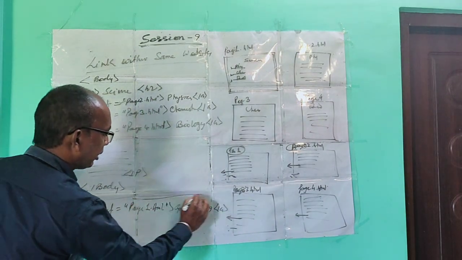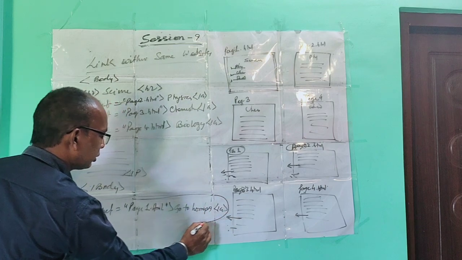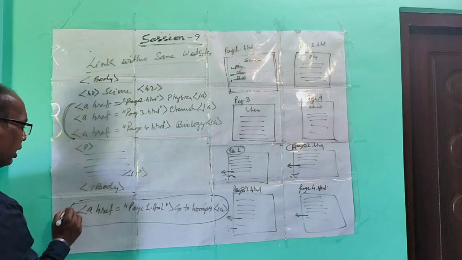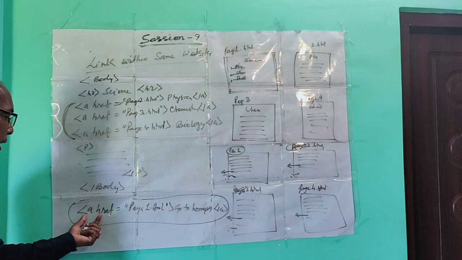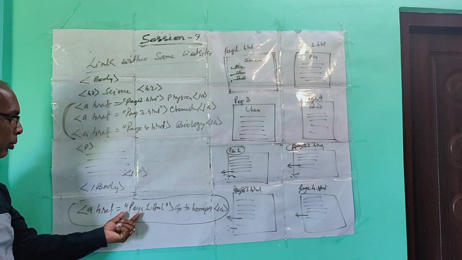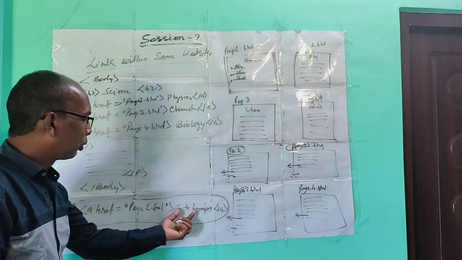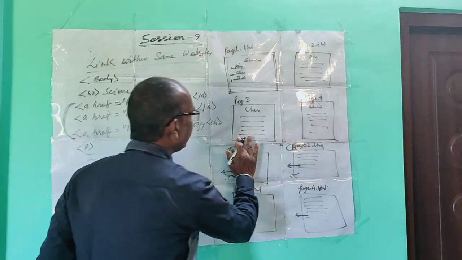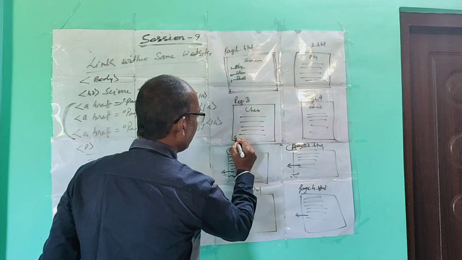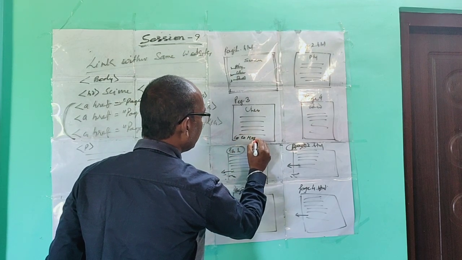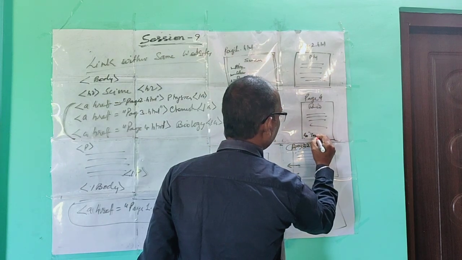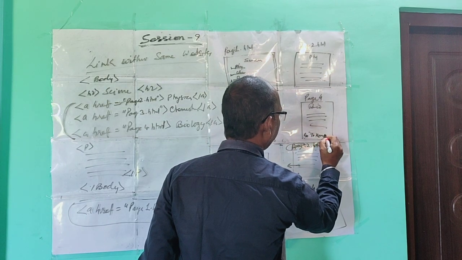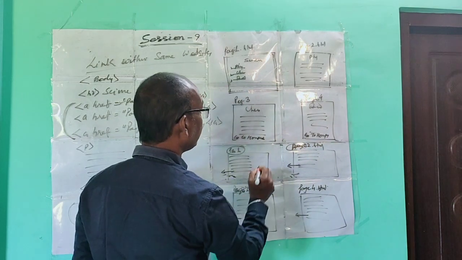This command must be used in the other pages to link directly to page number 1. See, here I'm giving a href page1.html, go to home page. Here in the bottom you get go to home page, on pages 2, 3, 4.